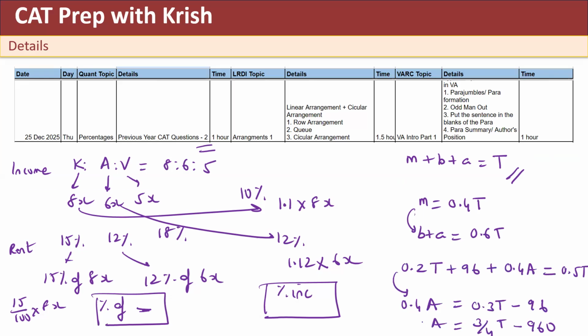When you get this kind of equation, you take the T value such that it is a multiple of 20, so that you don't end up getting a fraction for A, because ultimately the number of apples, mangoes or bananas should be a whole number, a natural number in this case. So you should not end up getting a fraction. So take a T value which is a multiple of 4. I was not able to get to this particular equation. That's why I felt this question was difficult.